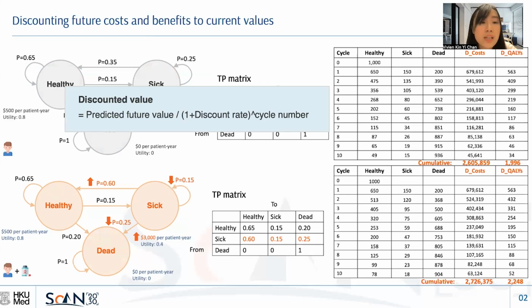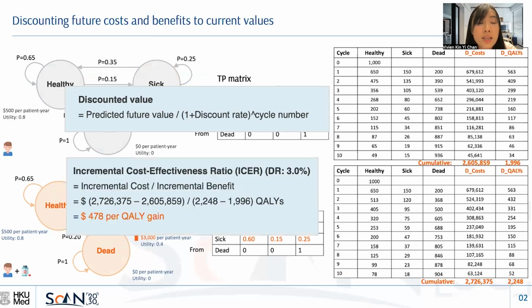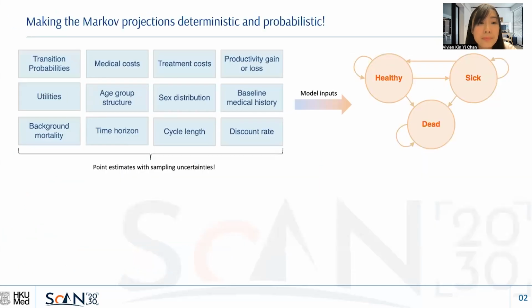Usually we take around 3%, with reference to the projected inflation rate by local governments, to set the discount rate. After applying the discounting, sometimes we may get a different result or even a different conclusion.